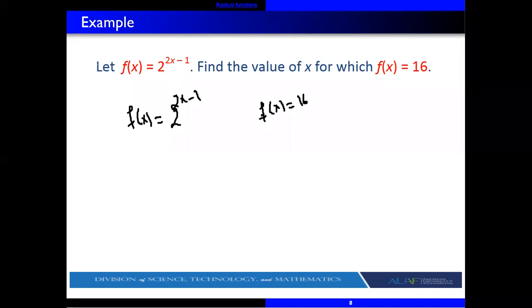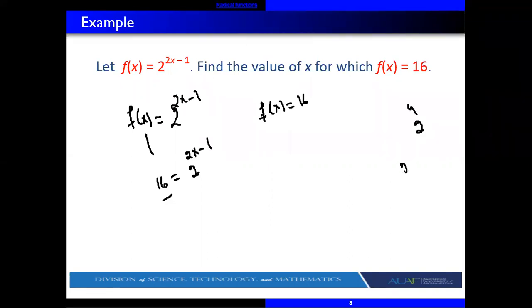So if we write here, for example, f of x is equal to 16, this one. So 16 equal to what? 2 power 2x minus 1. Now, can we write this 16 at the base of 2, in the form of 2 power 4?